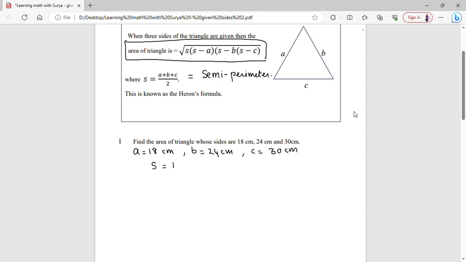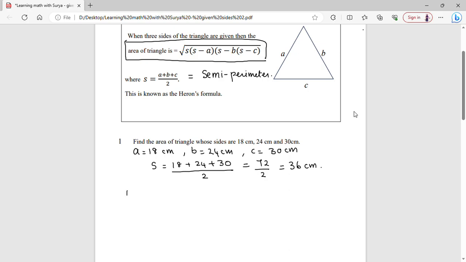S is 18 plus 24 plus 30 divided by 2, which is nothing but 72 by 2, or it is nothing but 36 cm. Okay. So once I get my S, I am ready to calculate the area of the triangle.